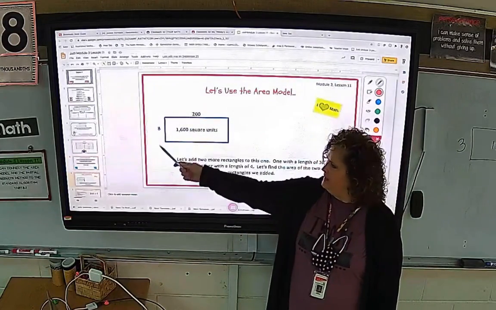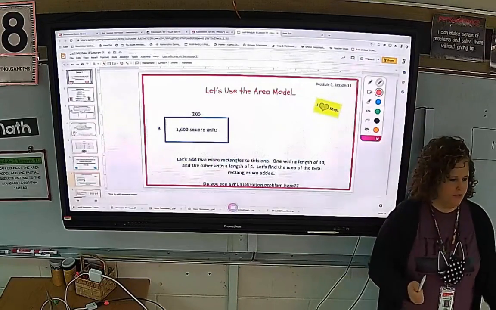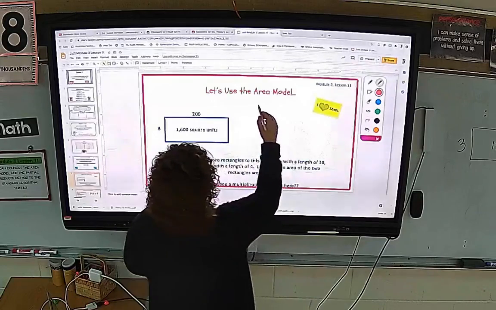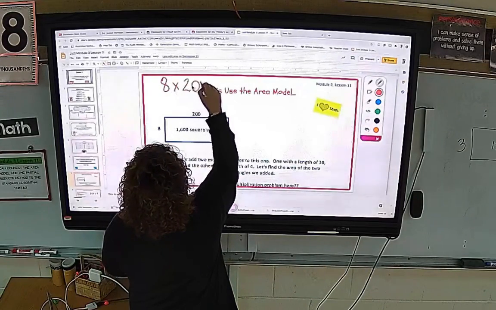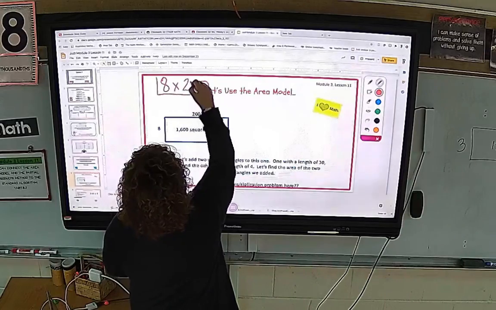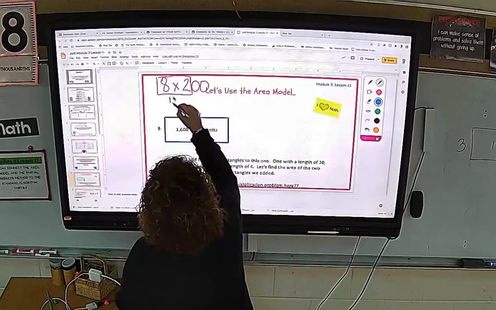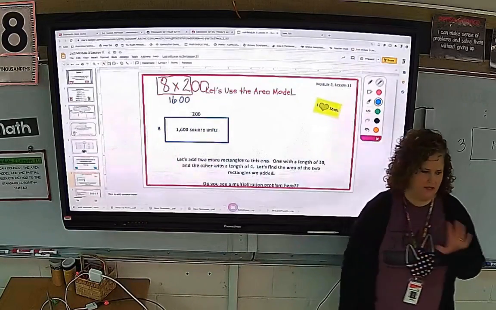It is 8 in width and 200 in length. Now when you multiply those two numbers, that shouldn't scare us too bad because 8 times 2 is what? 16. 16 plus the 2 zeros. And they've already written that answer inside, 1600.